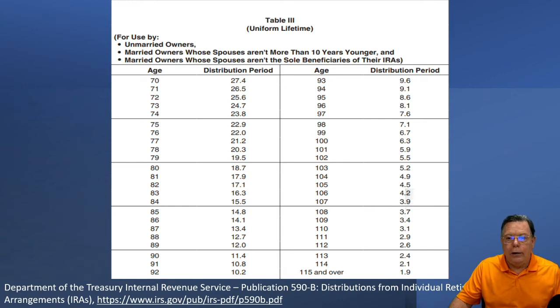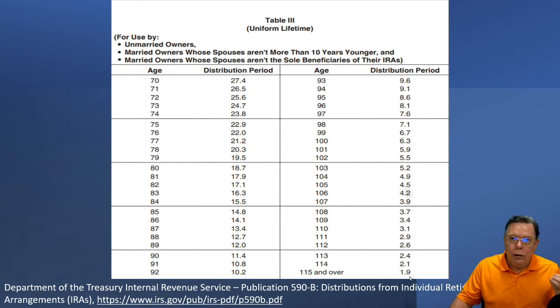Now, the other thing that's important to understand is that other people ask, will I run out of money in my IRA, or will the income stop? If you just take out the minimum distribution and follow this table, you will not run out of money in that account. Your income may go down or up depending on what happens to the value of your account. But if you look here at 115, they're still dividing by 1.9.